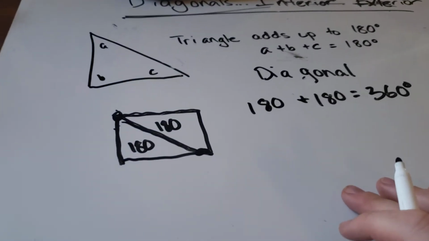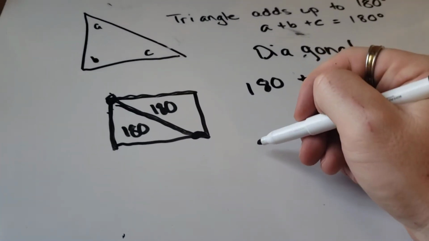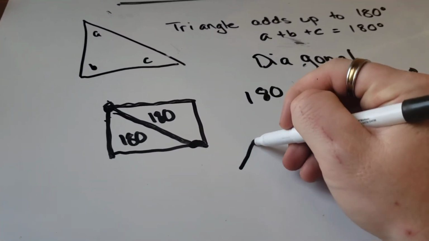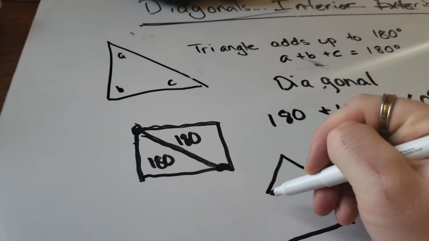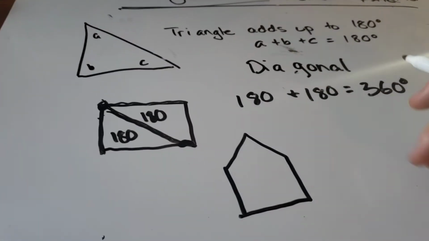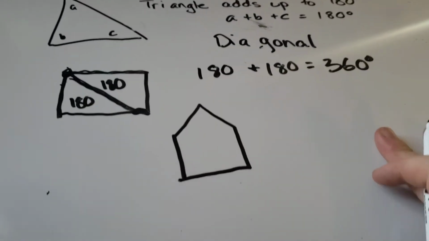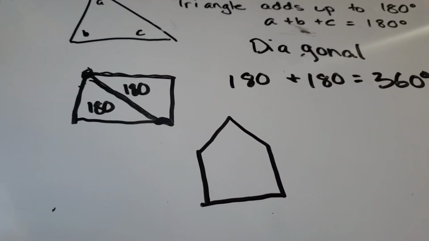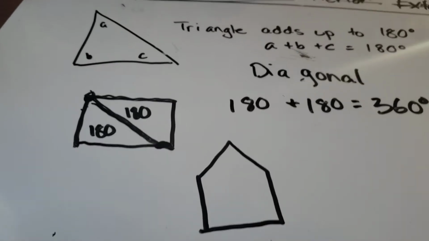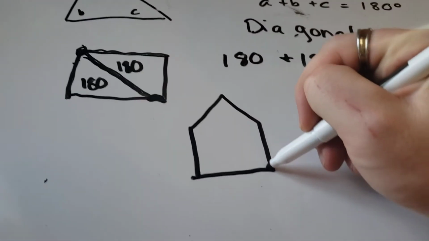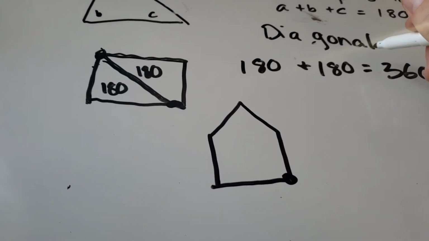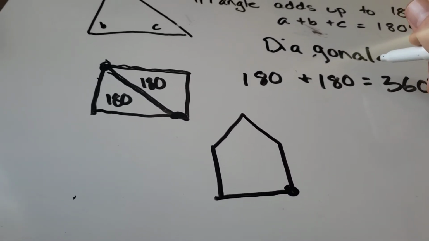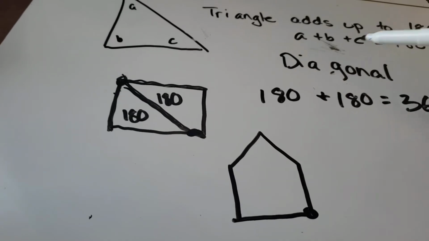All right, let's take the next step. Next from 4 would be 5. So here we have a five-sided shape, also known as a pentagon. Pick an angle, doesn't matter which one. Let's go ahead and start with this bottom right angle right here. We are going to see how many diagonals we can draw in a pentagon.